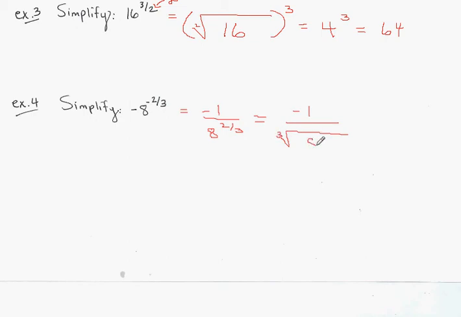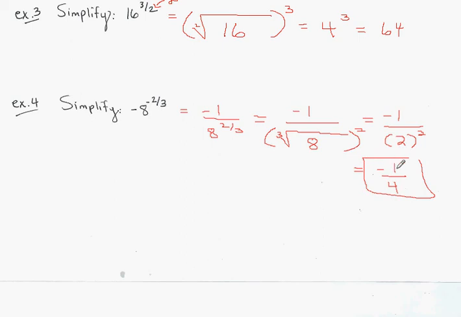You put the 8 under the radical and then square, because the 2 is on the top, square the whole thing. So you get -1. The cube root of 8, what times what times what itself, 3 times will give you 8, and that would be 2. And then you still have it squared. So you get -1 to the 4th power over 4. So it would be -1/4.